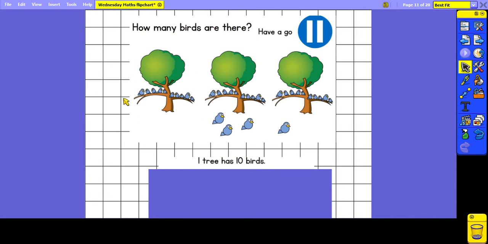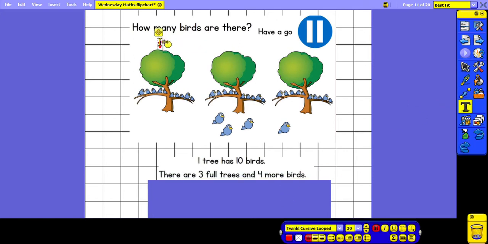So hopefully you've counted that one tree has 10 birds. So this one has 10, this one has another 10, and this one has 10. And there are 3 full trees and 4 more birds.